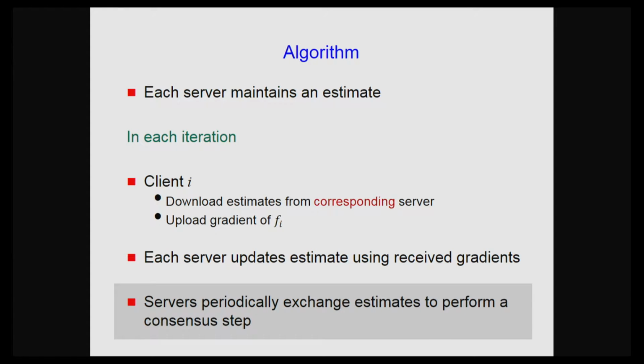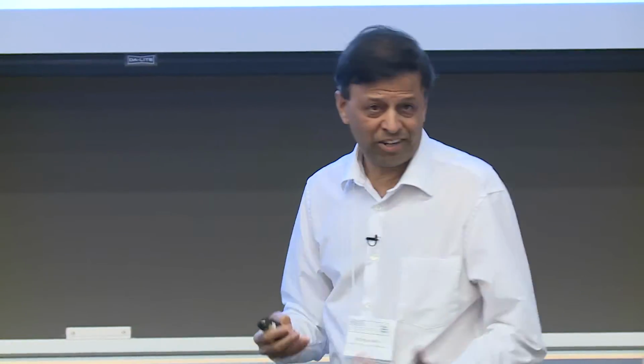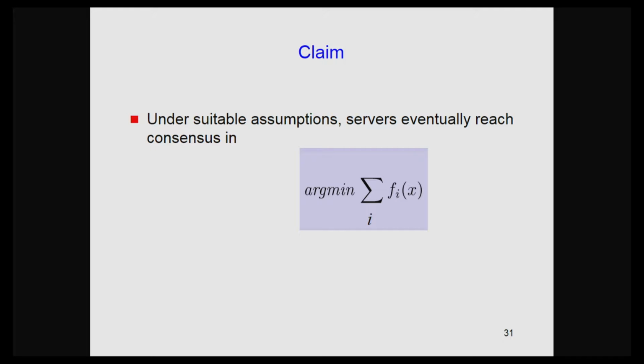And then they have one more step now. Because they have multiple servers, they must do consensus. And by that, I mean average consensus. So you exchange the estimates, do a weighted average. And this converges to the optimum of the original cost function under reasonable assumptions. And one of the key assumptions we make is that the gradients are Lipschitz continuous. We need that for this to work out. So this is the intuition behind what we are trying to do.